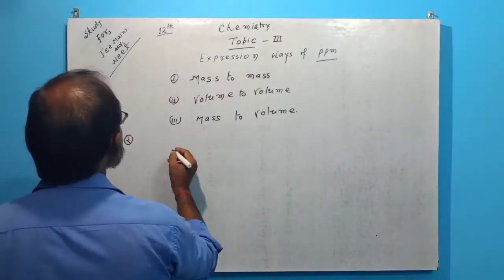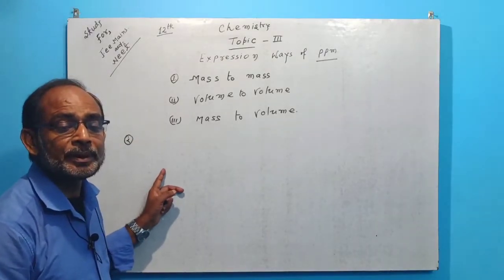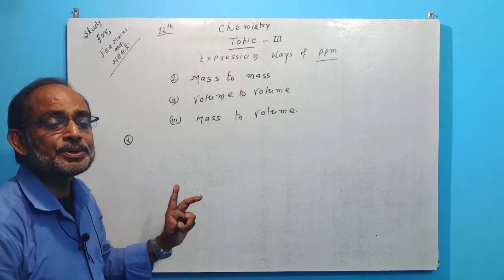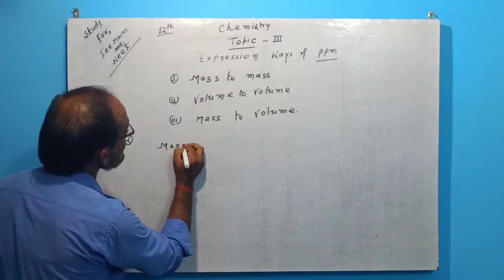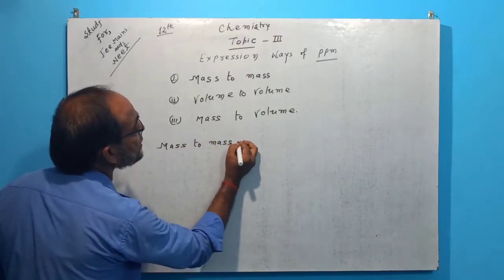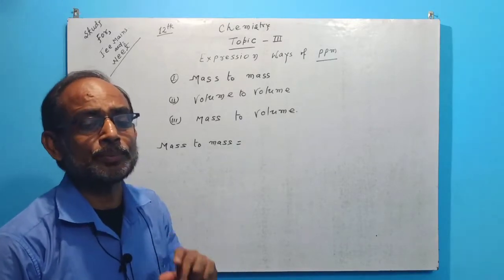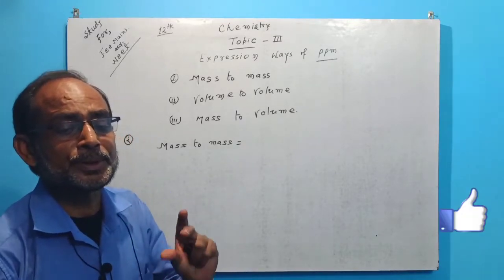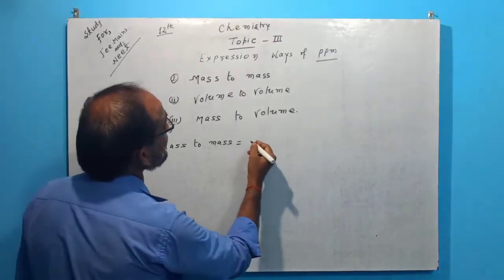Again, about the mass to mass, it is equal to the millionth times of the ratio of mass of component.